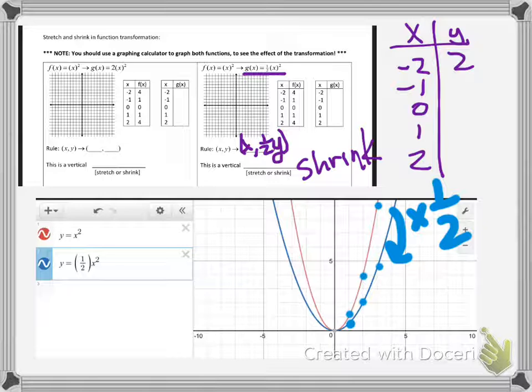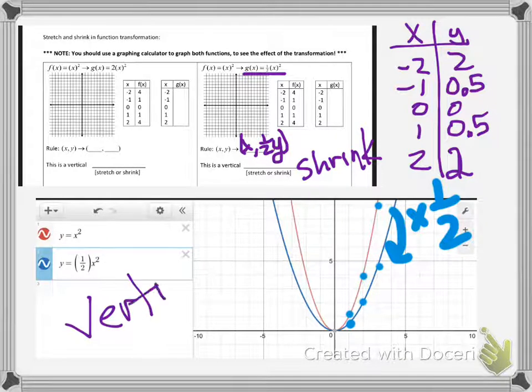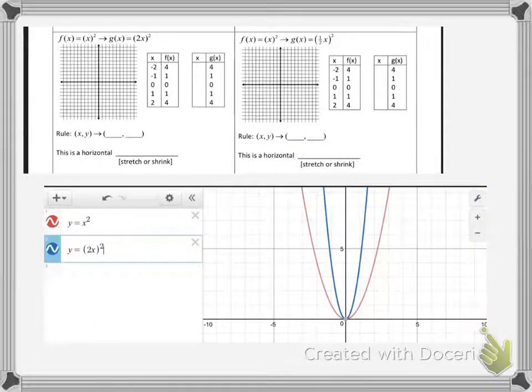Instead of 1, we'll have 0.5. 0, 0.5, and I'm sorry, 2. Okay, so those are the vertical stretches and shrinks. The other possibility is horizontal, and that's where you're doing something to the x.